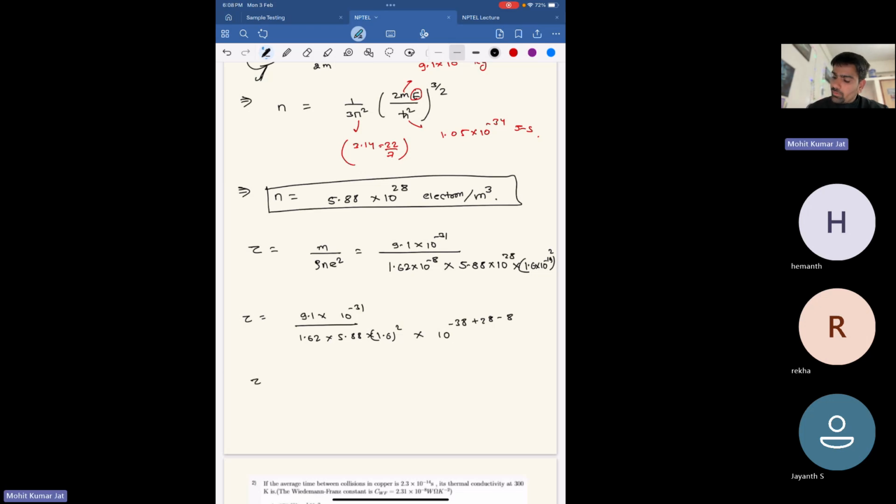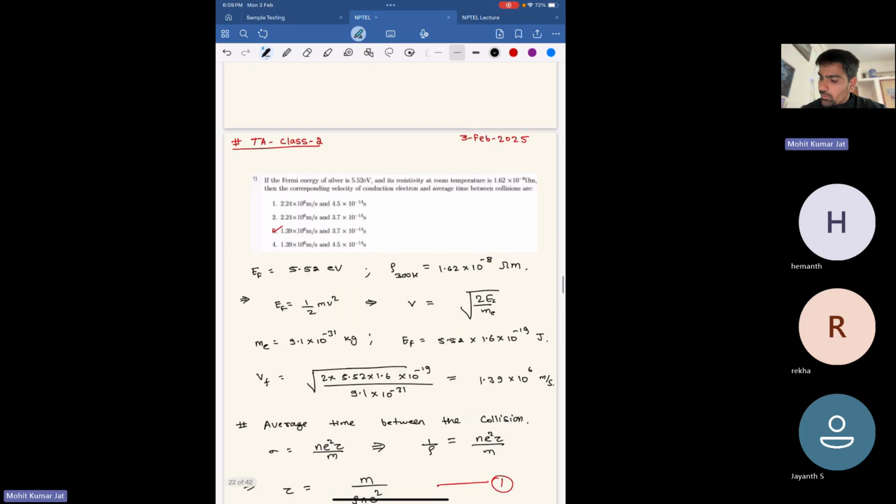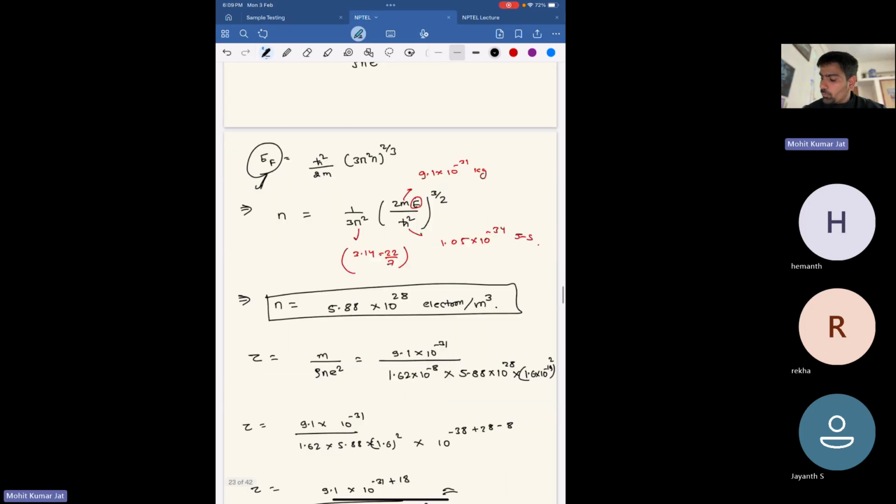So this will be some 9.1 times 10 power minus 31, over 10 power minus 18, which goes above and makes plus 18, 1.62 times 5.88 times 1.6 square. And if you solve it down, it will roughly turn out to be 3.7 times 10 power minus 14.